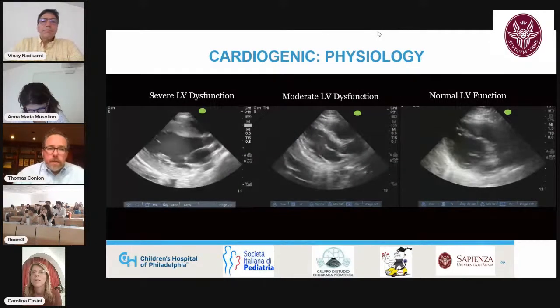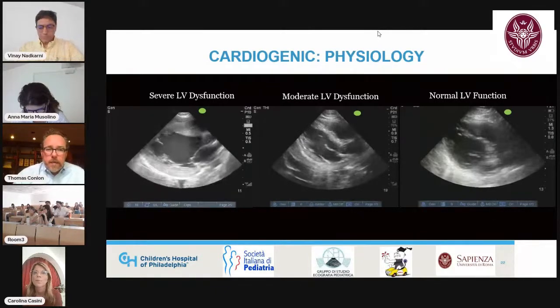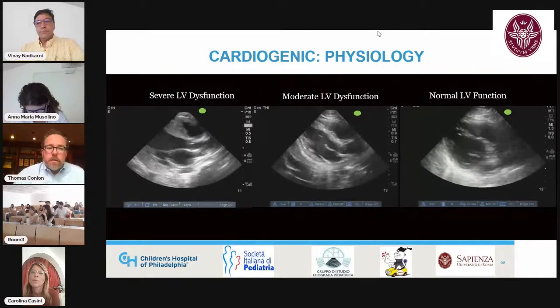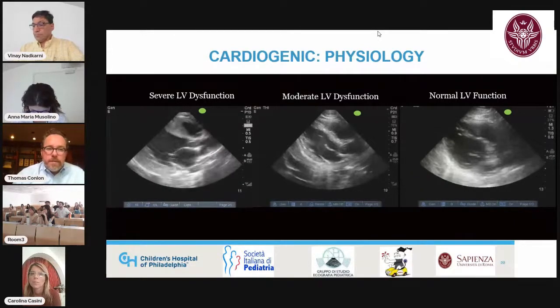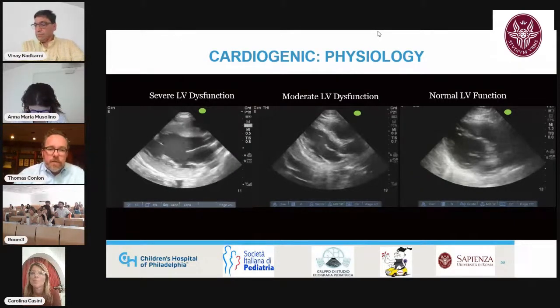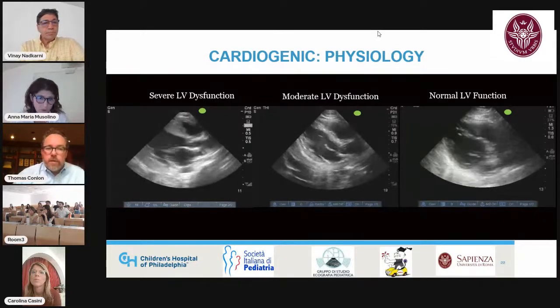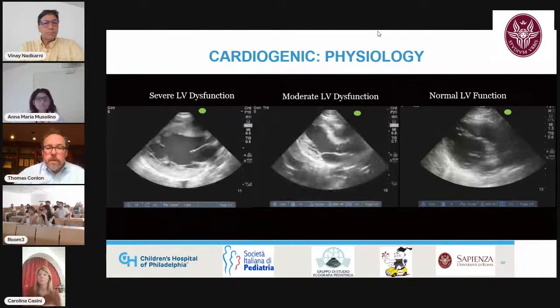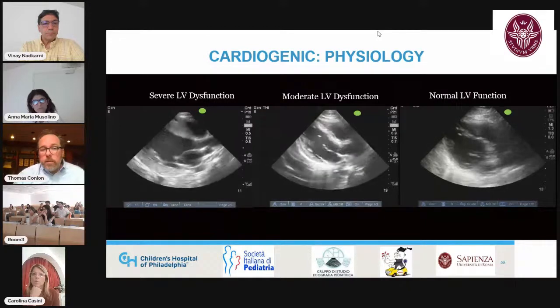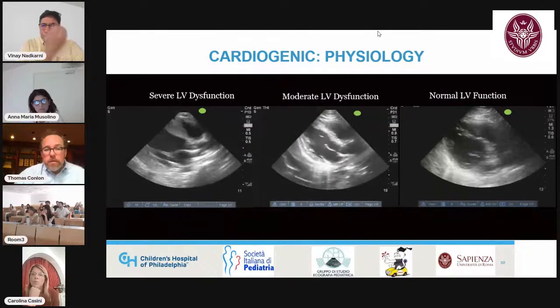Now, we can also assess for cardiogenic shock by looking exclusively at the heart. Again, you don't have to be a cardiologist to see that in this parasternal long axis view on the left, you have severe left ventricular dysfunction. There is barely any volume that's getting to the systemic circulation. You can compare that to this middle picture where you see moderate left ventricular dysfunction.